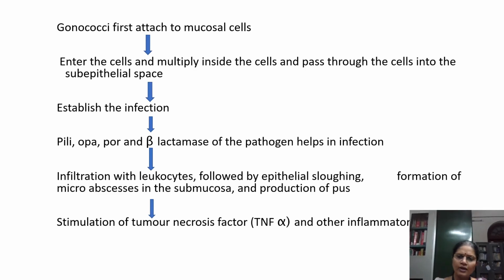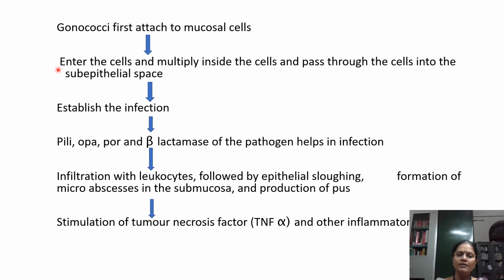Okay, once the cocci enter during sexual intercourse and get lodged on the mucosal surface of the individual, the first thing they do is attach themselves on the surface of the mucosal epithelial cells. With the help of pili, they attach on the mucosal epithelial cells, and then they enter inside the cell and start multiplying inside the cell.